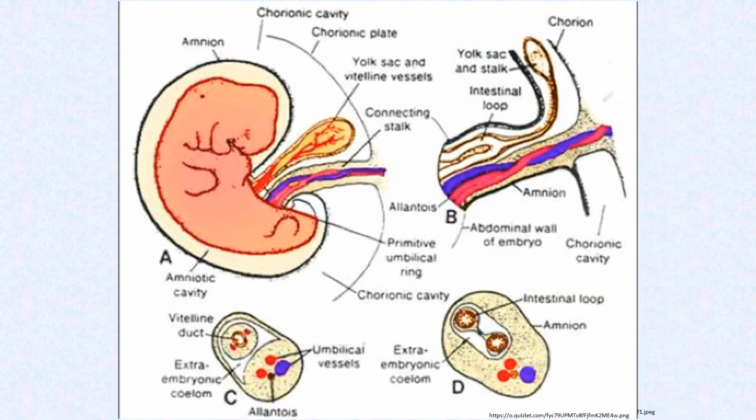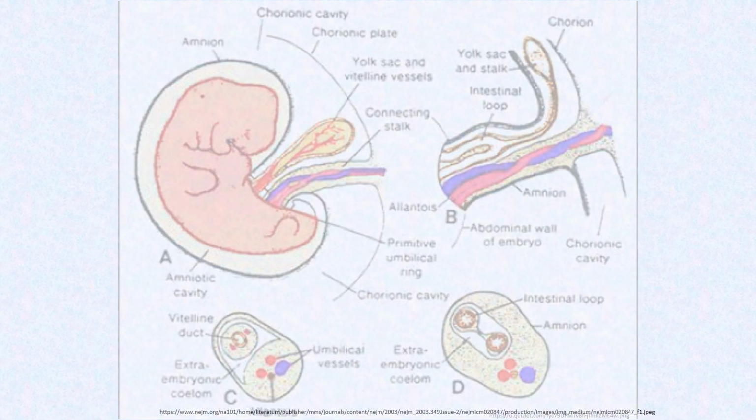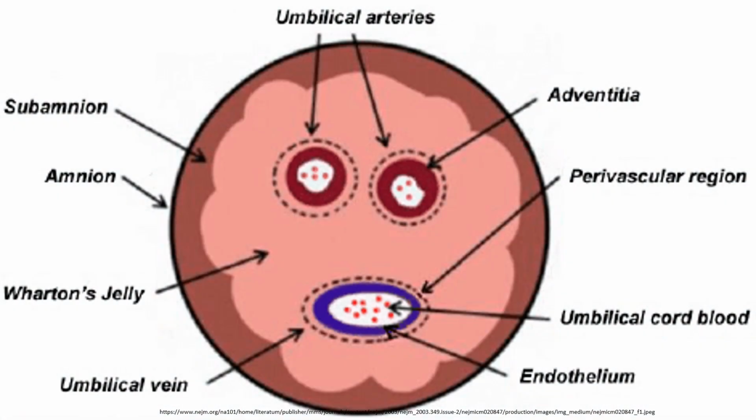The originally broad-based body stalk elongates and becomes narrower as pregnancy progresses. The umbilical cord becomes the conduit for the umbilical vessels, which traverse its length between the fetus and the placenta. The umbilical vessels are embedded in a mucoid connective tissue that is often called Wharton's jelly.